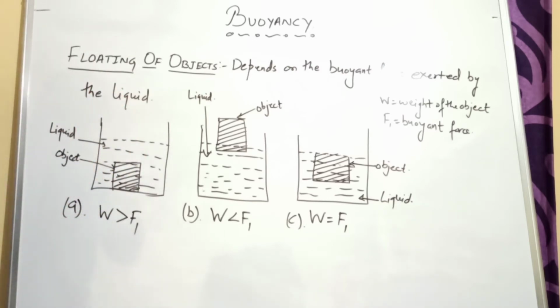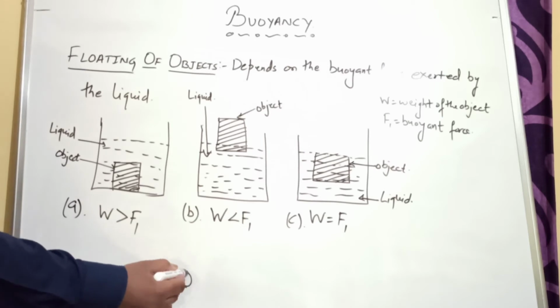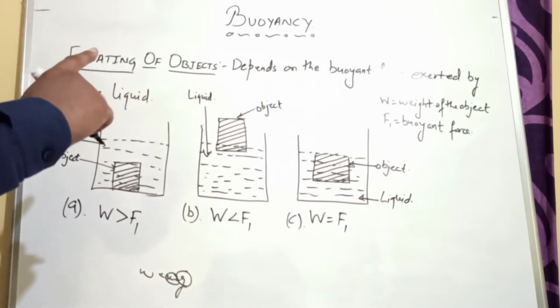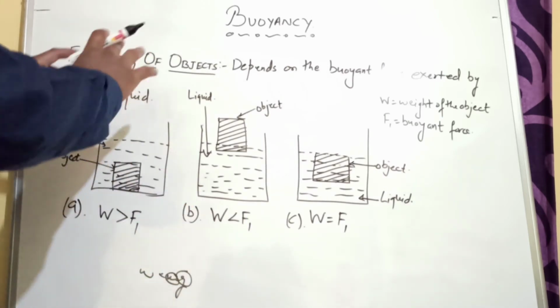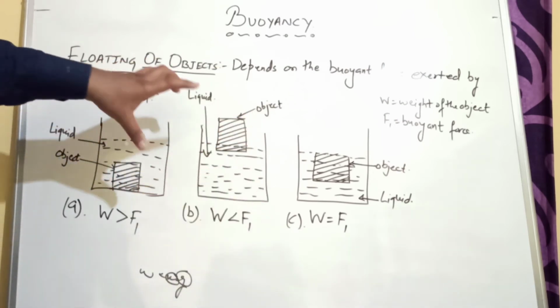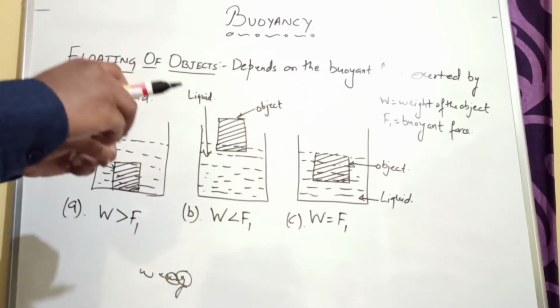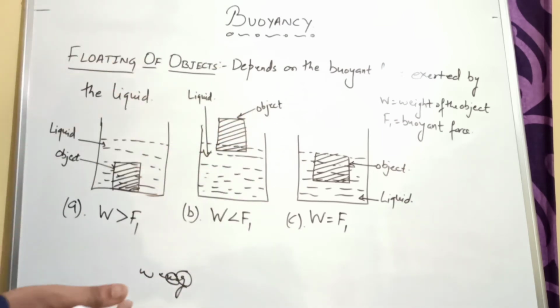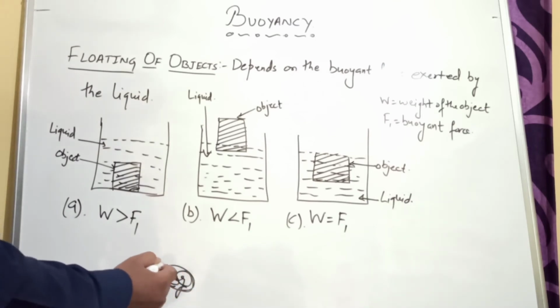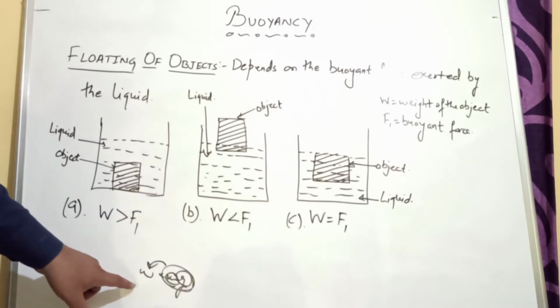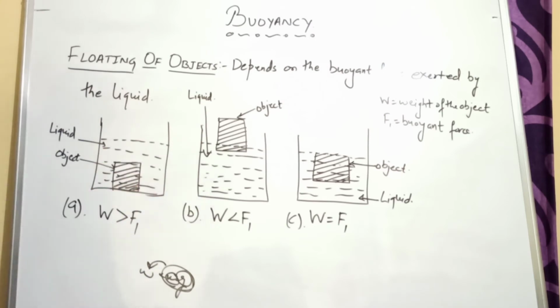Why? Because weight W is m into g, and mass is a constant, so mass will never change, only g can change, which I have already told you in the last video. But when we perform this experiment at a specific place, the value of g will not change. So the weight of the object is not going to change.